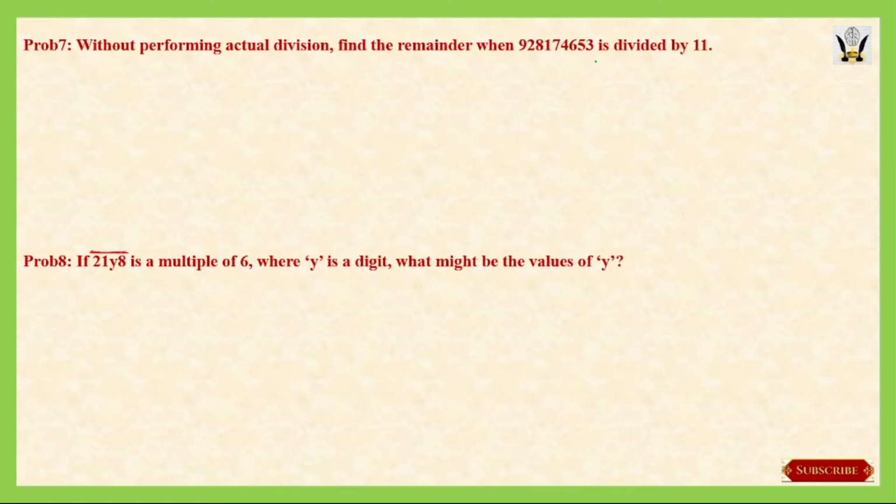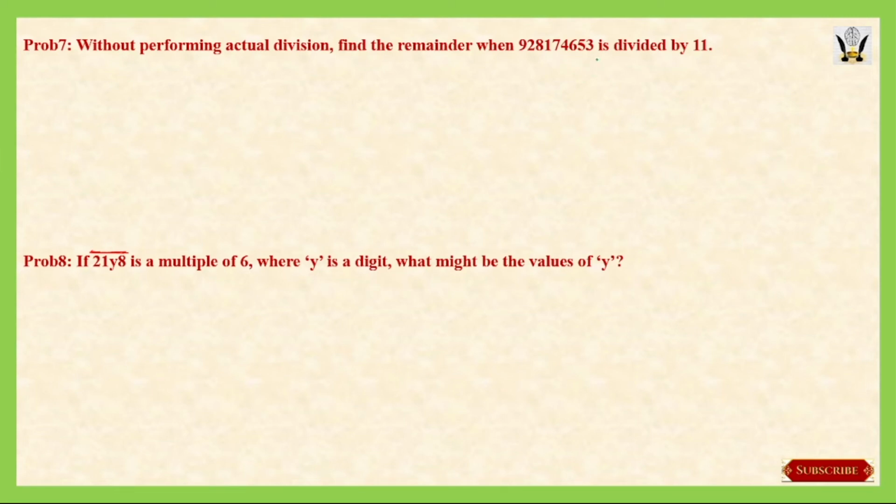Now we know the rule of divisibility by 11, that it will be completely divisible when we evaluate separately the summation of all the digits in odd positions and the summation of all the digits in even positions, and then take the difference, and that difference is divisible by 11. If it is, then the given number will be divisible by 11. So let's evaluate that.